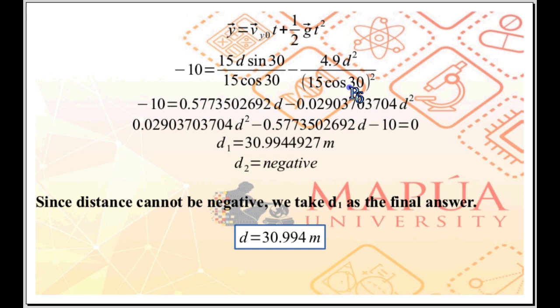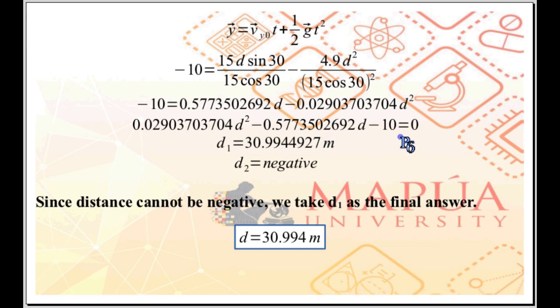We get the following equation. Simplifying, we have negative 10 is equal to 0.5773502692 D minus 0.02903703704 D squared. Transferring this side of the equation to the other side, you have a quadratic equation.